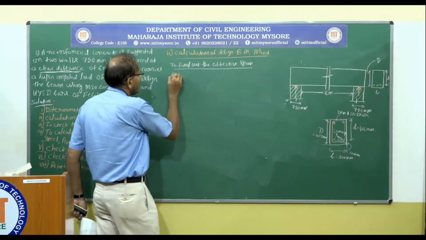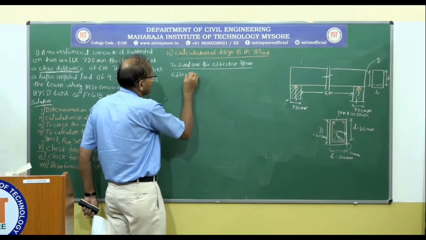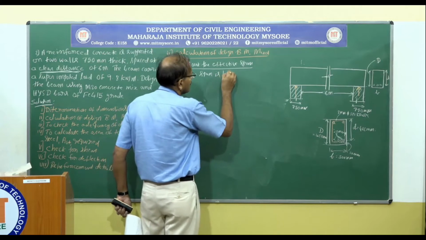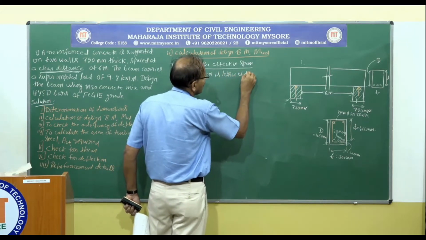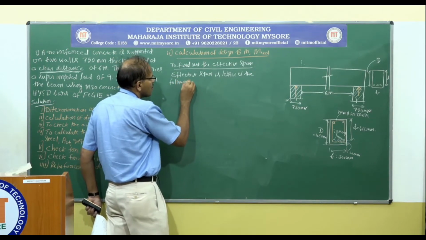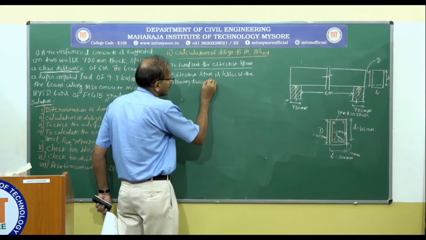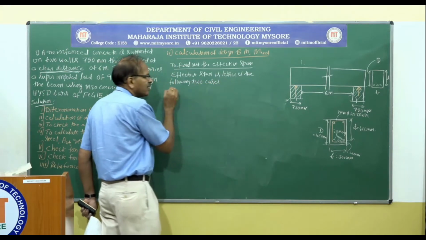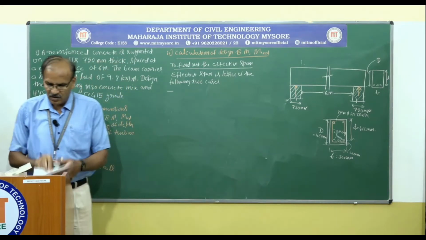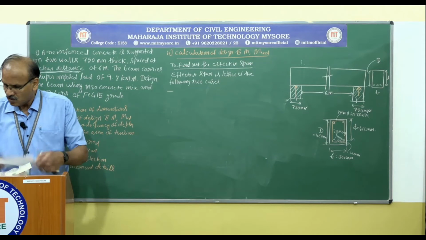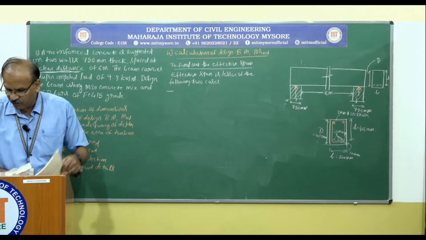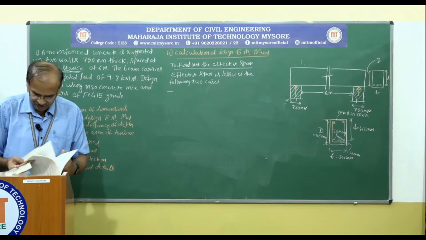So effective span, as per the code, is the lesser of the following two cases. Just to remind you, please open the code book on page 34, 22.2a.